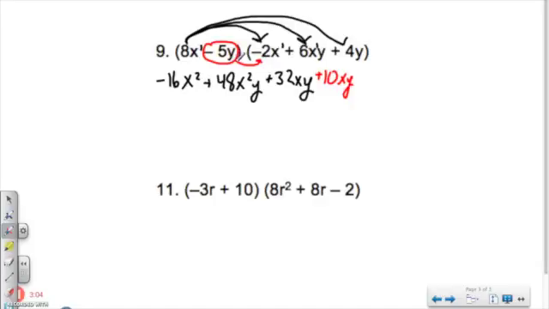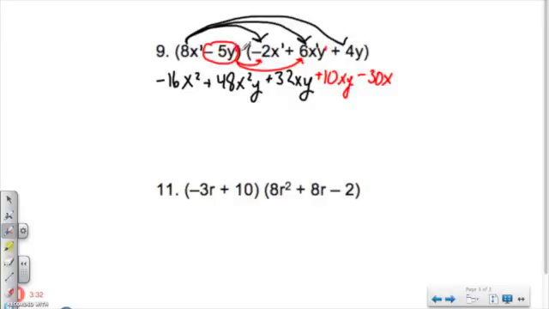Right? Now I'm going to say negative 5y times positive 6xy. Again, my coefficients, I say negative 5 times positive 6. Well, negative times positive is negative, so I get negative 30. And then y times xy. The x doesn't have anything to buddy up with, so it's still just going to be x. I've got an understood 1 on this y and an understood 1 on this y.